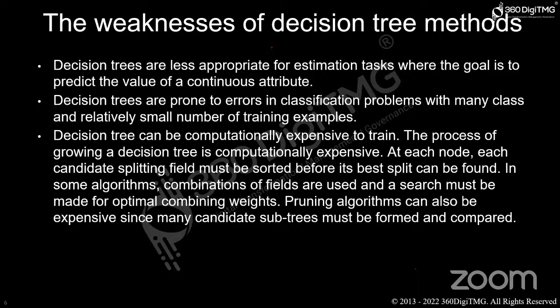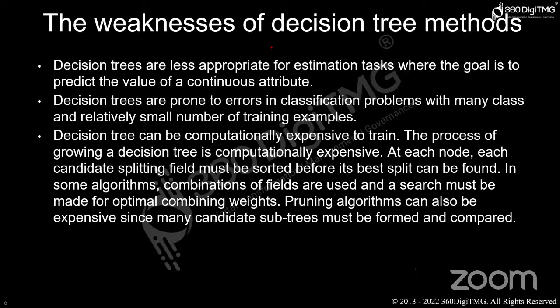Costing is very important for us as data scientists. The process of growing a decision tree is computationally expensive. At each node, each candidate splitting field must be sorted before its best split can be found.